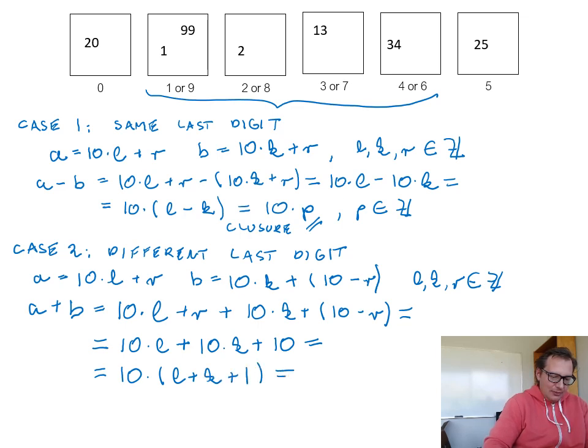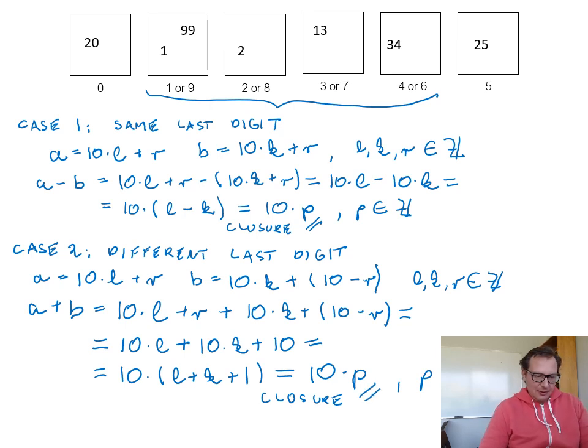And that is equal to, the same as last time, 10 times P. That's closure, where P is an element of Z. And there you go. Now we proved that their sum is divisible by 10, and that concludes our proof.